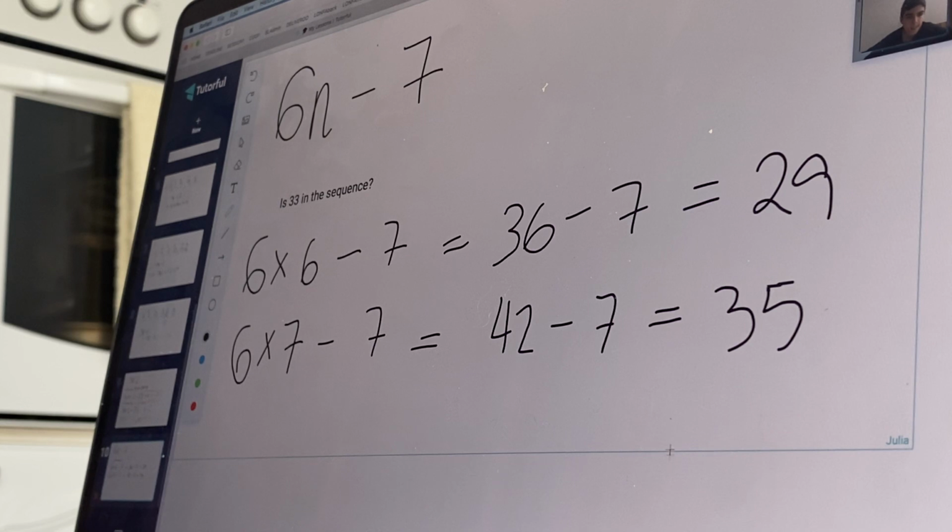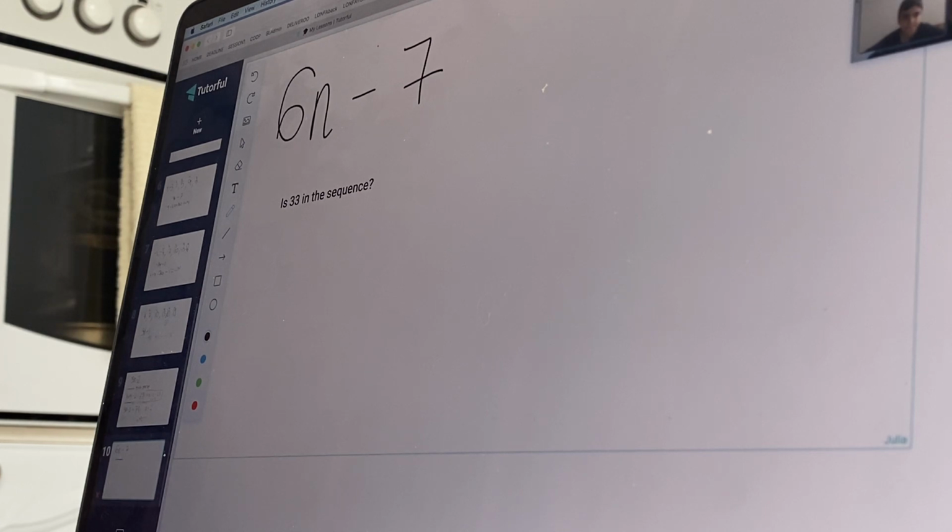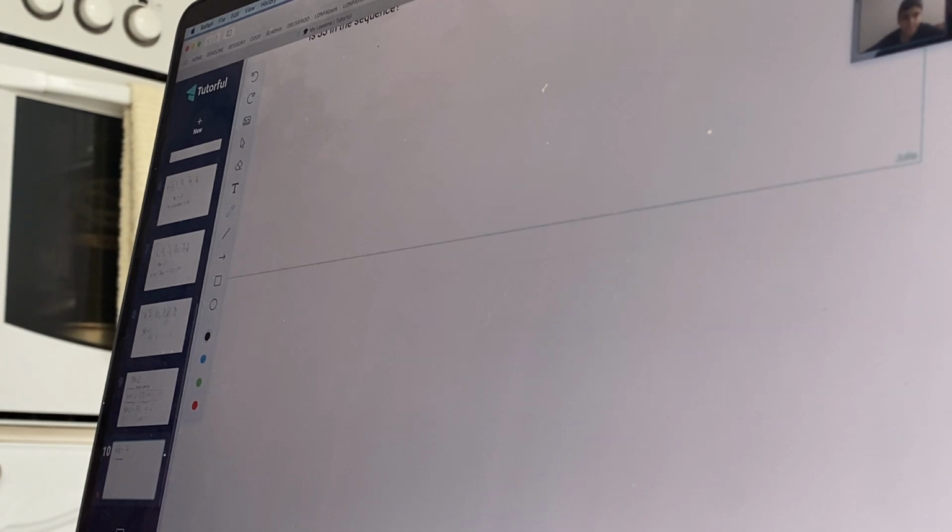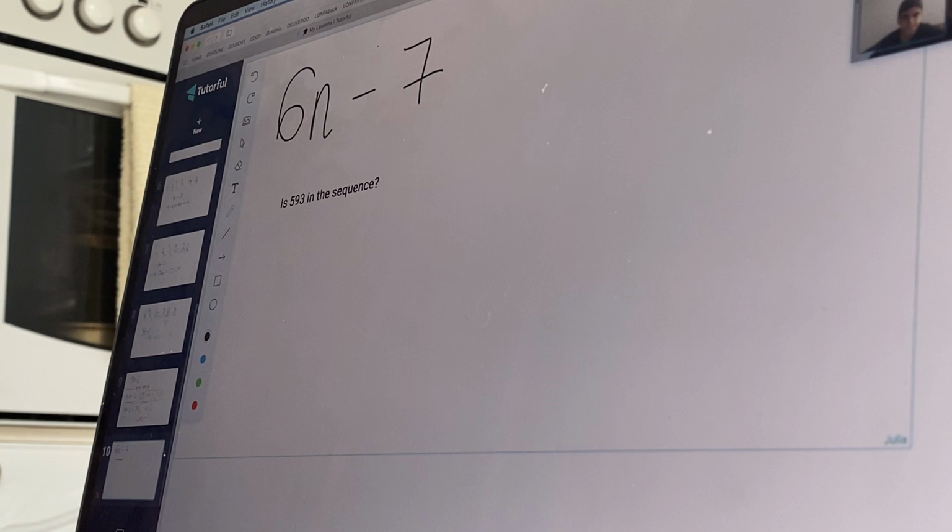Okay, good. Let's try a little bit of a tricky one. Is 593 in the sequence? Let me see. Let's first not include the 500 and just do it in the 93.